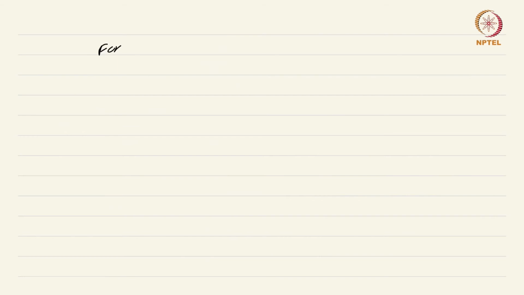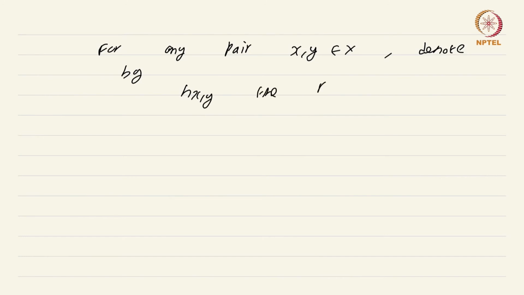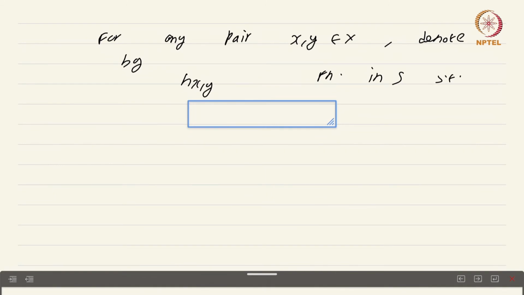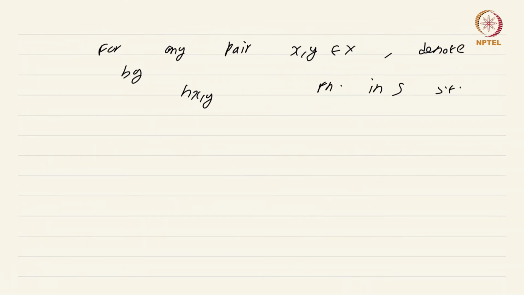Okay, now for any pair x comma y in X, denote by h_{xy} a function in S, it may not be unique, such that h_{xy} of x is f of x and h_{xy} of y is f of y.